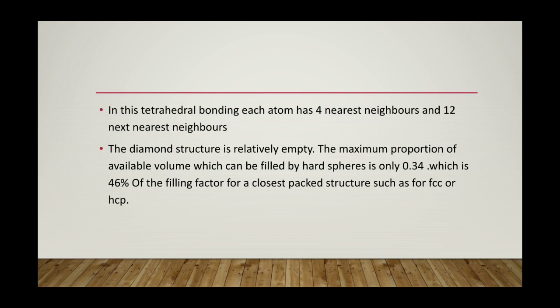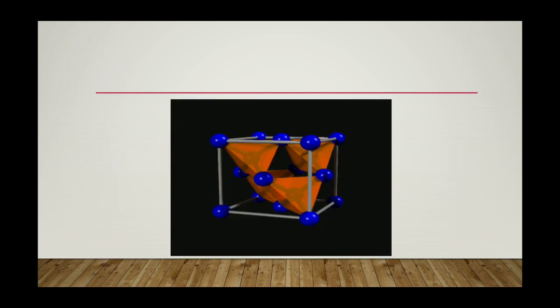The maximum proportion of available volume which can be filled by hard spheres is only 0.34. That is the packing efficiency 34%, which is 46% of the filling factor of a closest packed structure such as FCC or HCP. Here is the 3D image of the diamond cube.